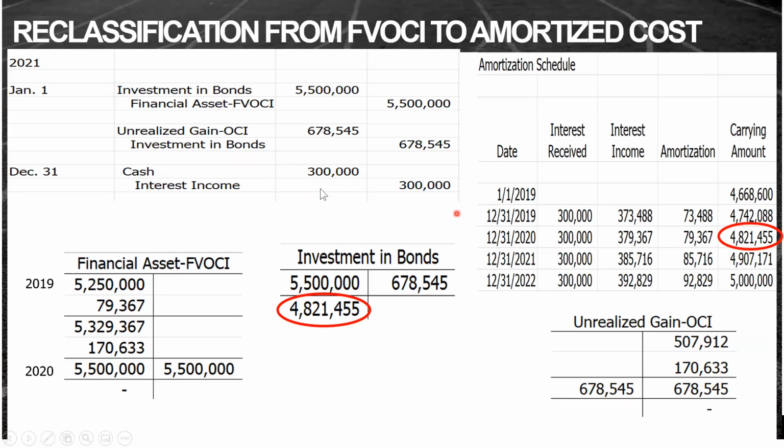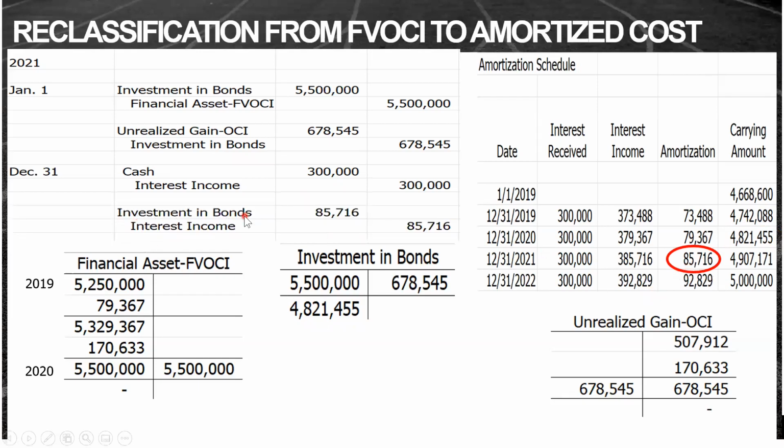Okay? So after that, recognize tayo ng amortization ulit. In this case, that's 85,716. So yung entry natin, debit investment in bonds, credit interest income for the same amount, 85,716. So ano yung effect ng entry na yan?